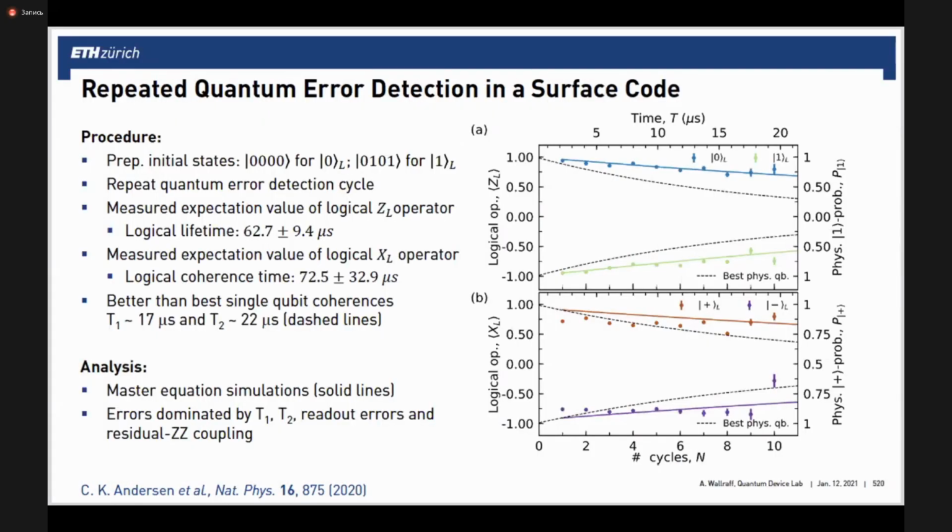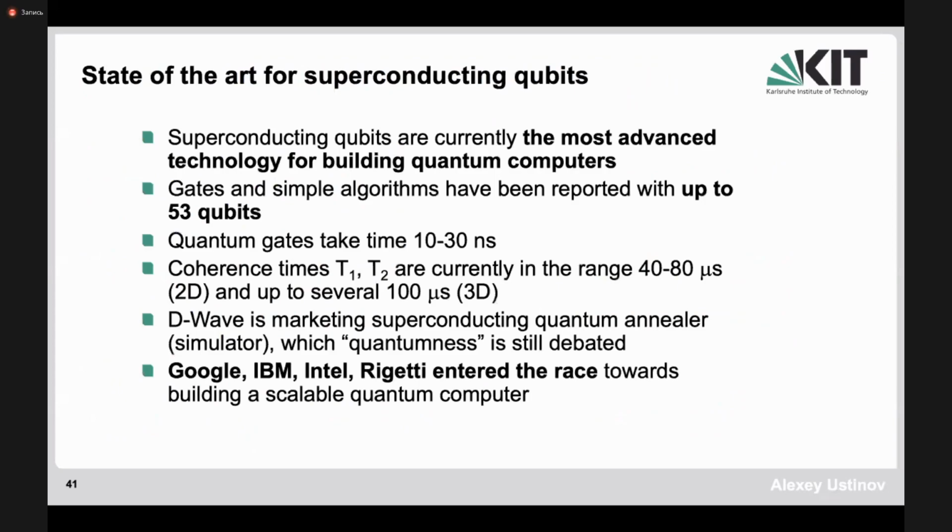Ну и, наверное, закончу я этим слайдом. Можно считать общепринятым, несмотря на редкие и немножко раздраженные высказывания сторонников других платформ, атомов и ионов, что сейчас сверхпроводниковые кубиты являются наиболее продвинутой платформой для создания квантовых компьютеров.